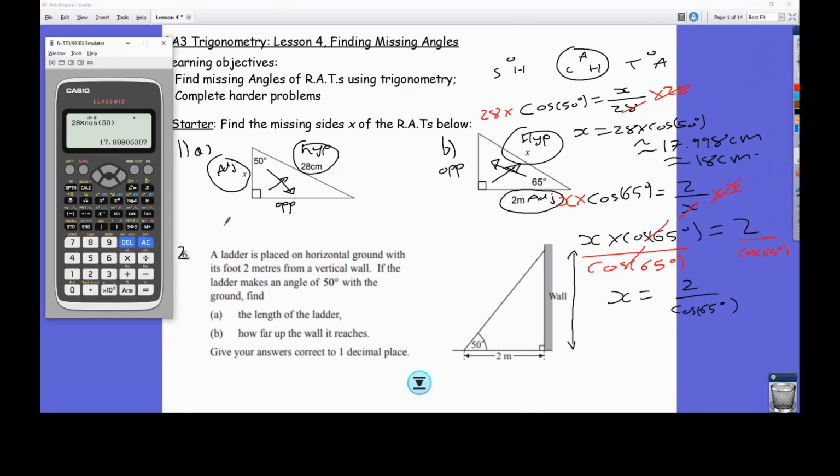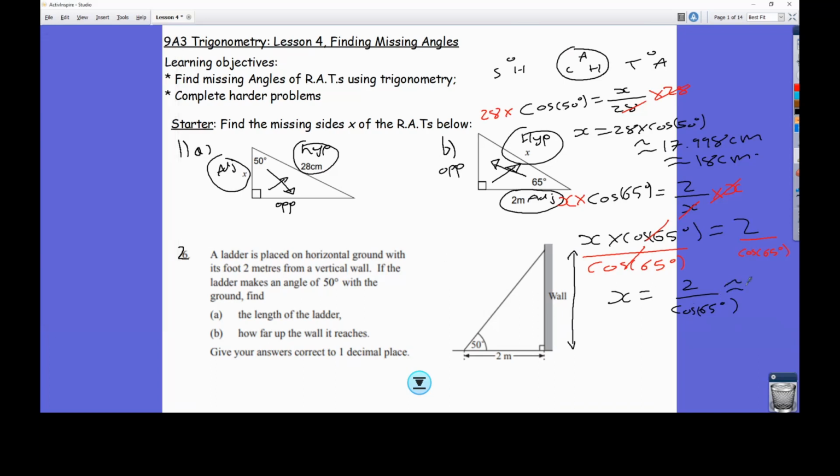Once again, calculate this out, we get 2 divided by cos 65, which gives us 4.73 meters to 2 decimal places, which is generally the accuracy that I want, but again, only round at the end. So, great, hopefully all of that was okay. I'm just going to rub this off, if I may.